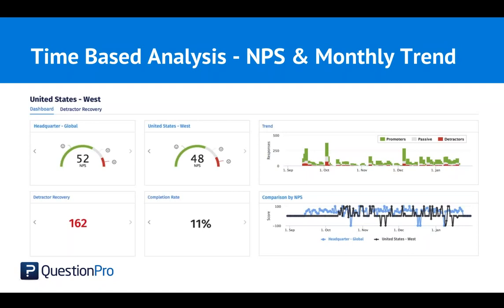Yes, absolutely. And I really enjoy hearing that story because those are real life stories of how the NPS can influence business decisions and really make a good change. So as you can see with the trend report on the right side, the green is promoters, gray passives, and the red is detractors. So we are looking at these trends on a month-to-month basis.